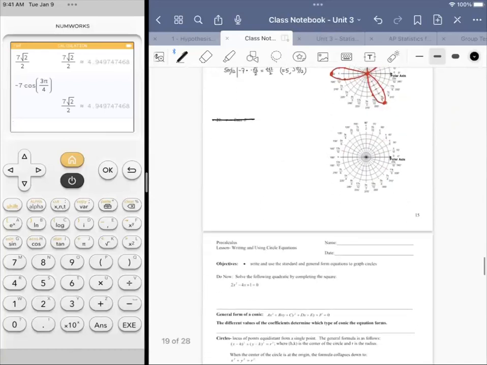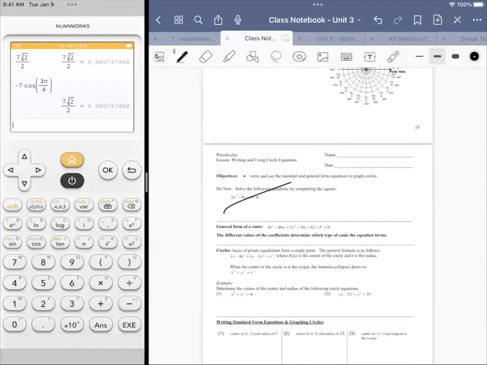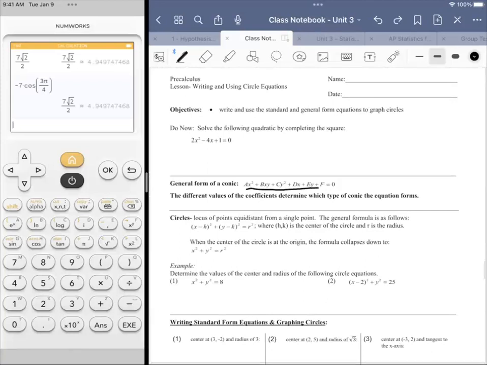So, not going to bother with this. This is the general form of a conic section. Pretty hideous looking equation, but this gives us circles, hyperbolas, ellipses, and to some extent parabolas, but we're not really going to do too much with those, right?